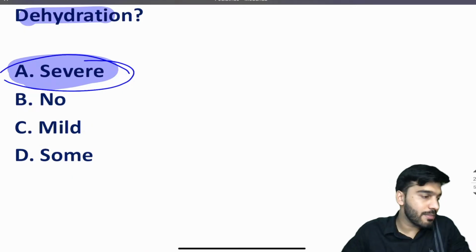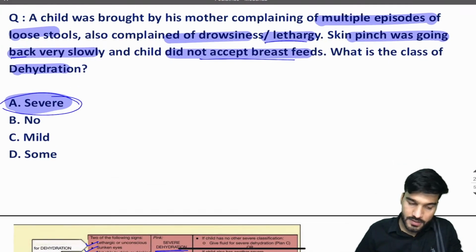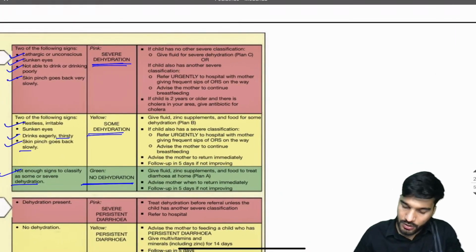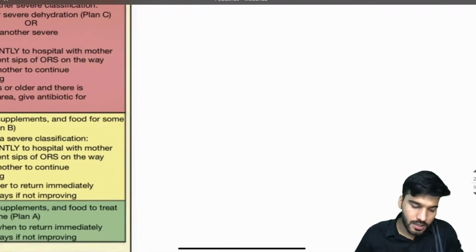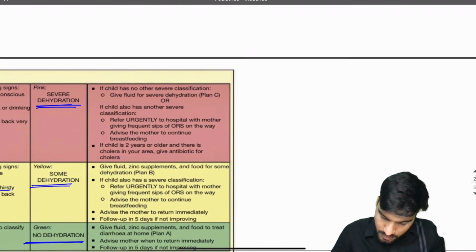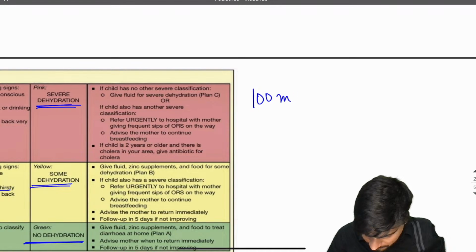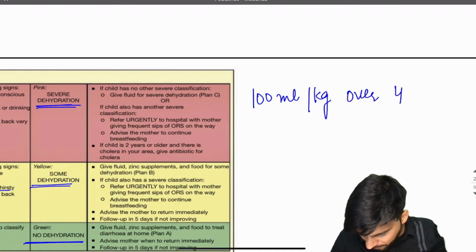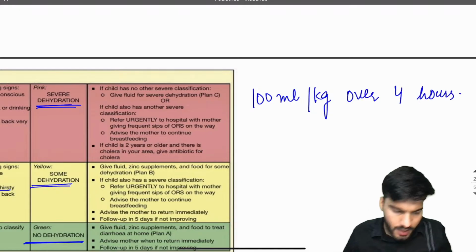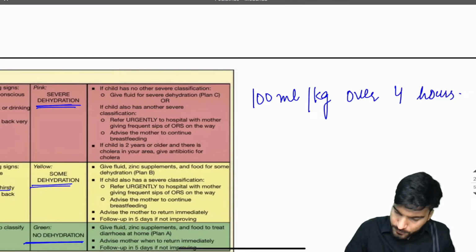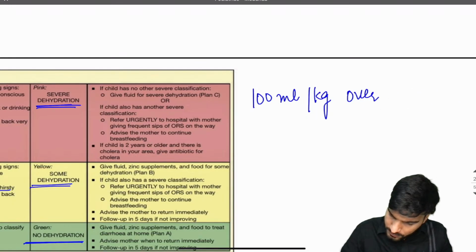Now what exactly will be the management for this severe dehydration? For severe dehydration, you need to give 100 ml per kg over 3 to 6 hours.